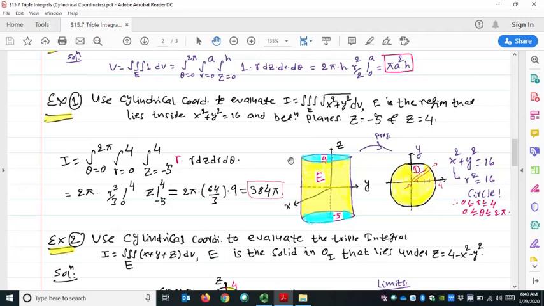So first let's find the limits of our triple integral in cylindrical coordinates. We replace dV by r dz dr d theta, and in this order, first find the z limits. The z limit goes from -5 to 4.